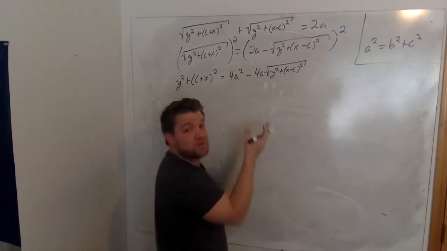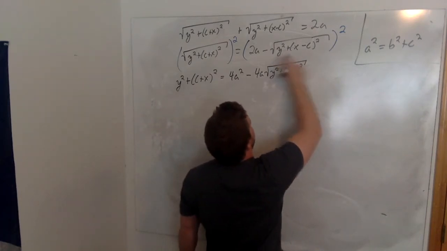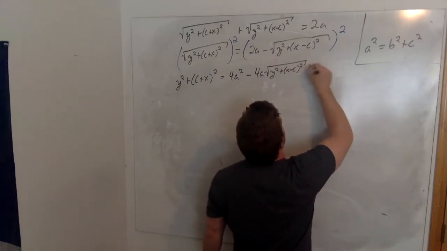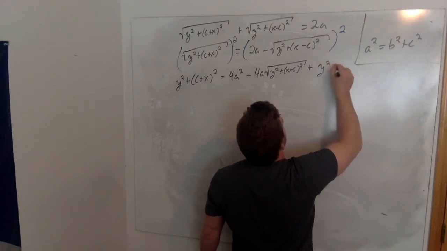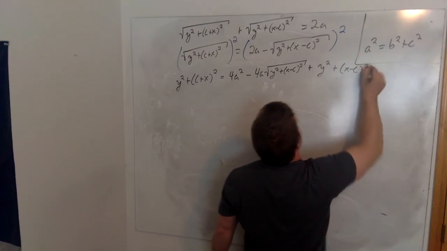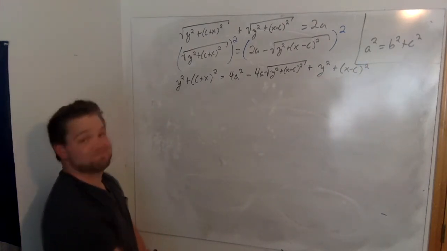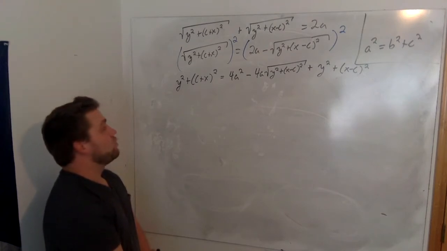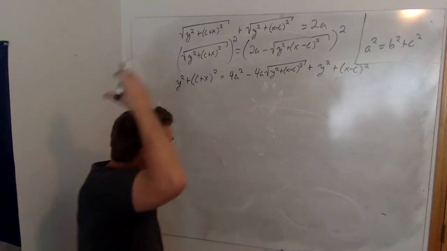They're like terms, and I'm adding them together. Then this is going to be the L in the FOIL. I need to square this piece, so we get plus y squared plus (x - c) squared. So that's what happens when we square the right-hand side. This is just intense foiling. We're putting our foiling hats on.